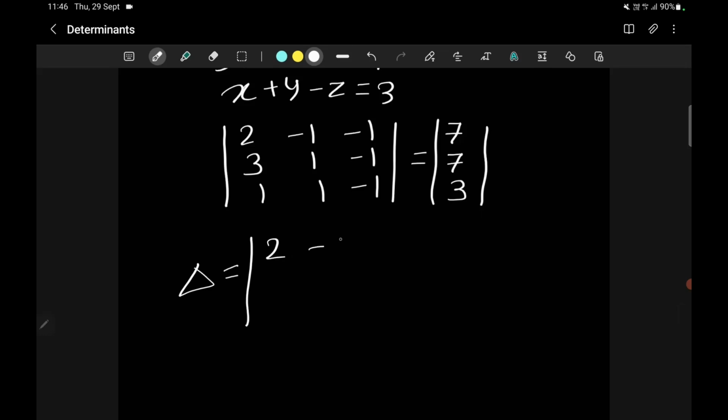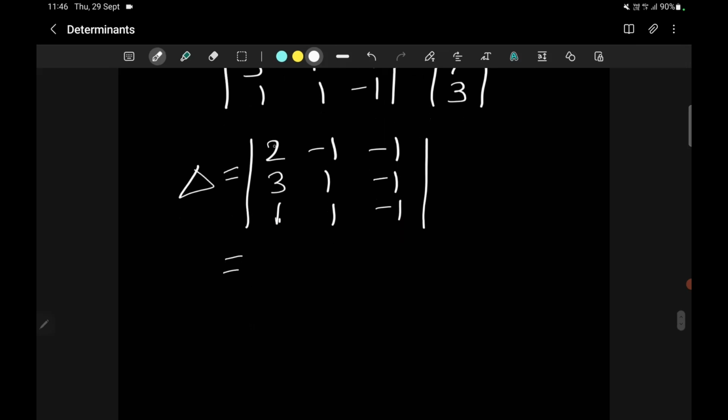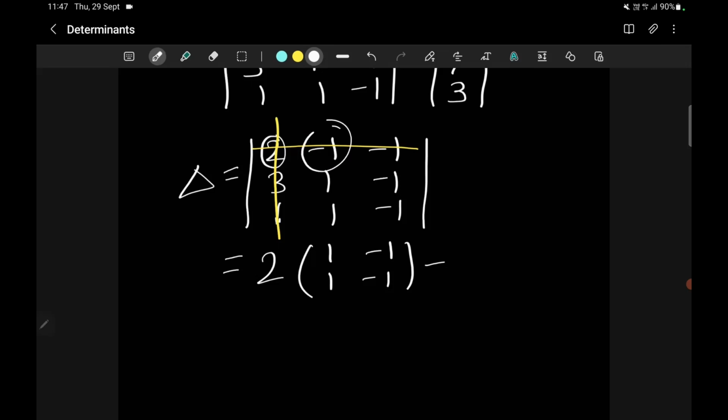Just write the determinant as it is. 3 1 minus 1, 1 1 minus 1. We'll take this 2 outside, and now we have to neglect this whole row and column. This will be 1 minus 1, 1 minus 1. Now by default here it will be minus, so minus 1 will be plus 1.